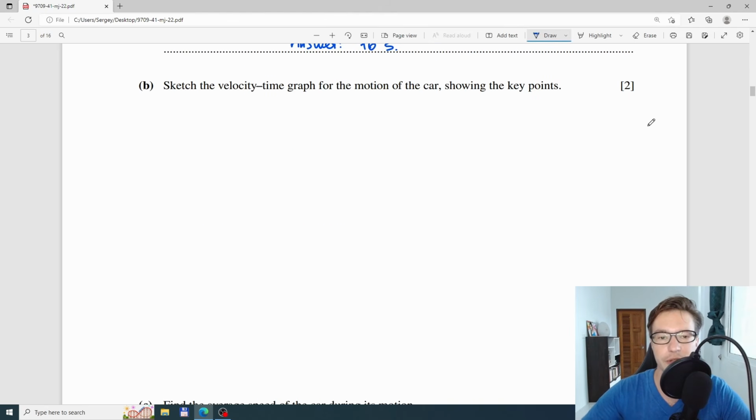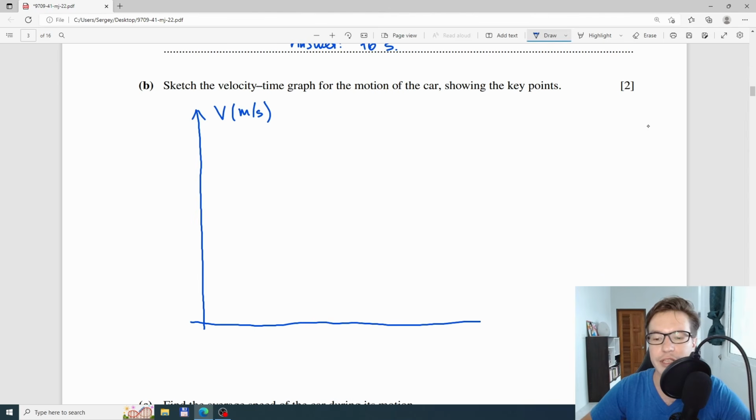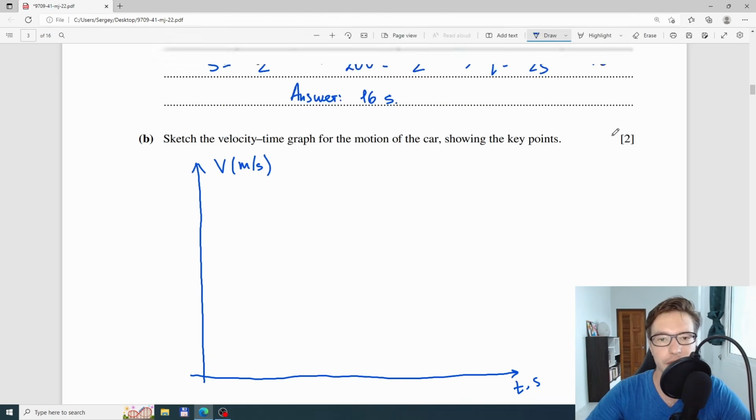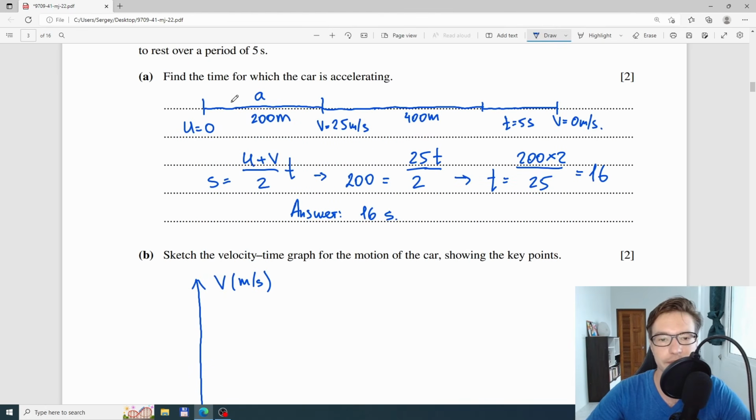We have to sketch the velocity time graph. First of all, let's draw the axes. The y-axis is going to be velocity in meters per second. And the horizontal axis is going to be the time in seconds. Right, so for the first part of the motion, look at the diagram.